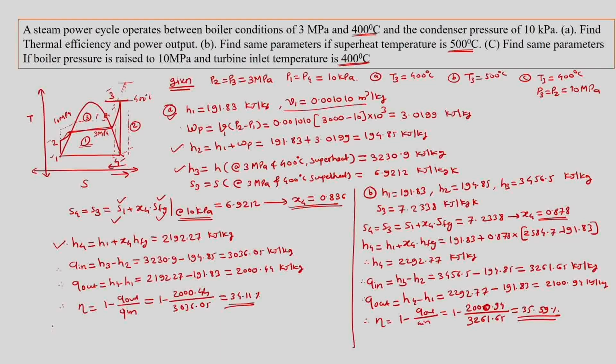So we can make a small conclusion over here. If we compare examples A and B, then X4 increased since we have T3 increased.